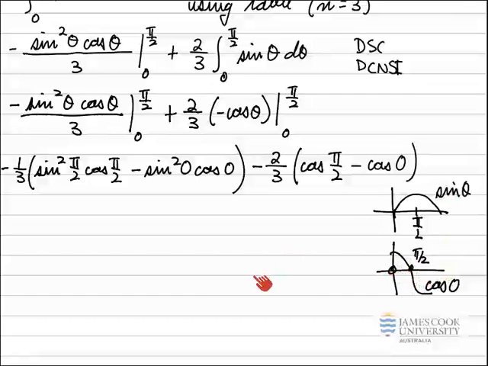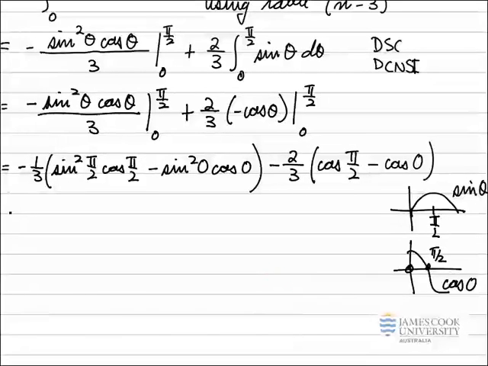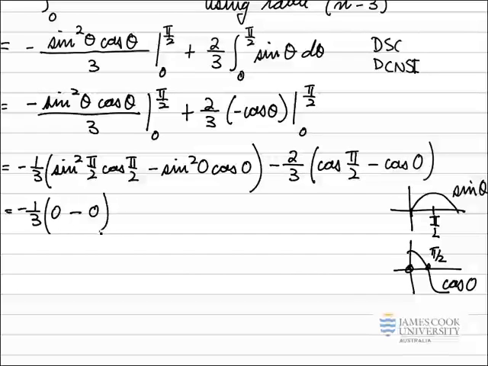So substituting all the values into our answer, minus 1/3 outside of: sine of pi on 2 is 1, but cos of pi on 2 is 0, so 0 times 1, the whole term is 0. Cos of 0 in the second term is 1, but sine of 0, all squared, is 0. So the first term cancels out to give us 0.